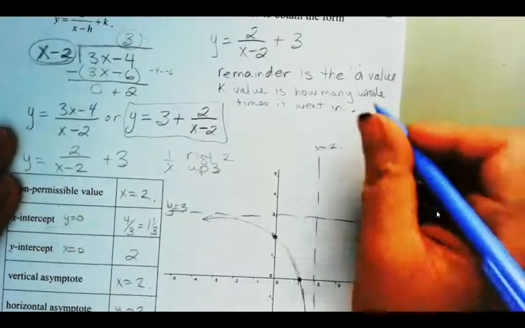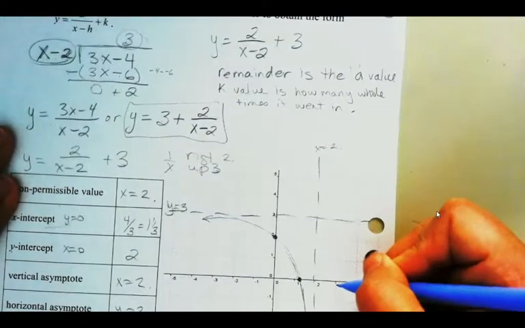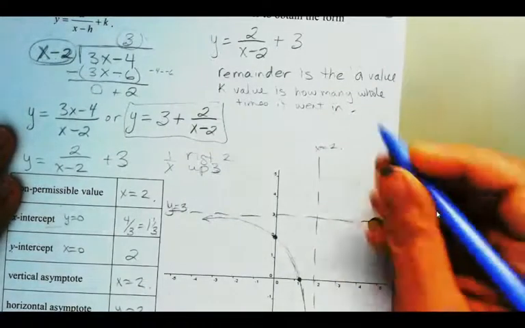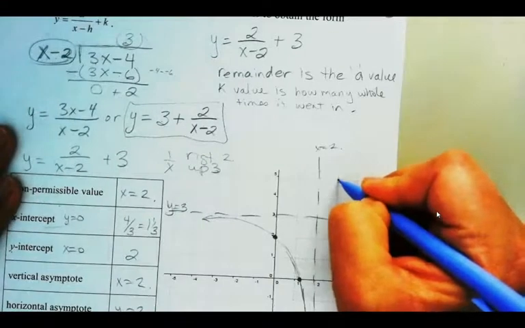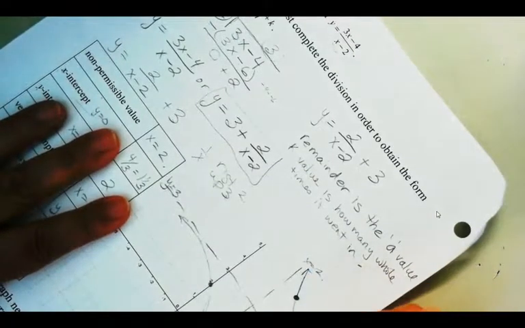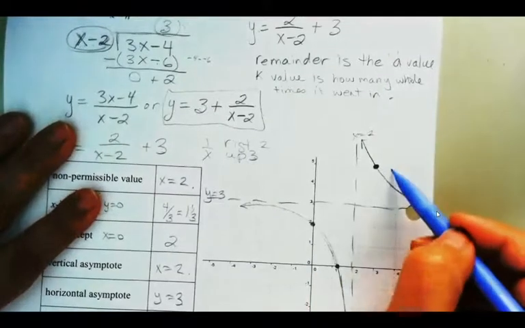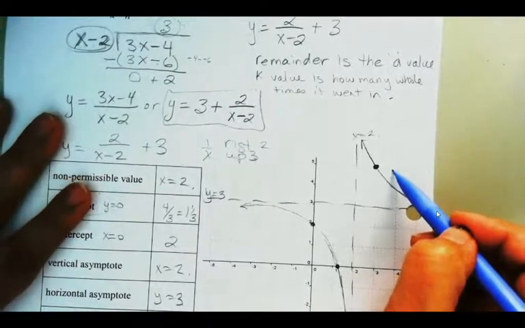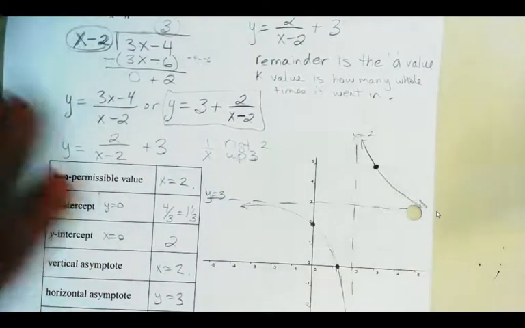Okay, so choose x equals 3, and then what does that give me for a y value? y equals 5. Okay, so now you have to make sure that just because it didn't automatically give it to you over here doesn't mean that it doesn't exist here. You have to know that it exists in 2 quadrants, and you have to find that, okay?